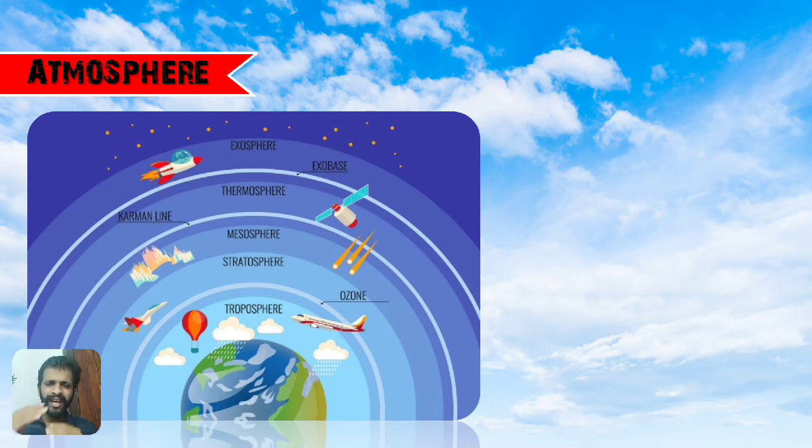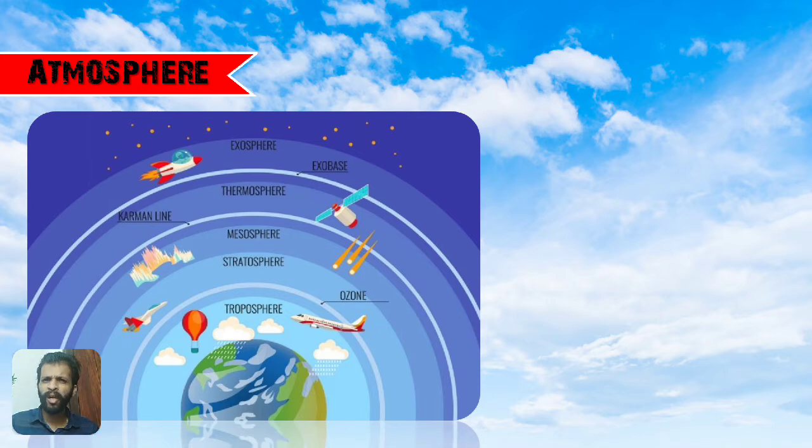So what basically is the atmosphere? It is nothing but a kind of blanket around the earth, which is just made up of air. So atmosphere is nothing but a blanket around the earth.